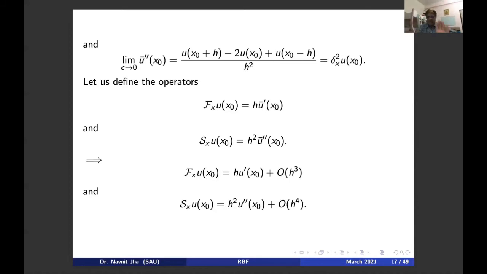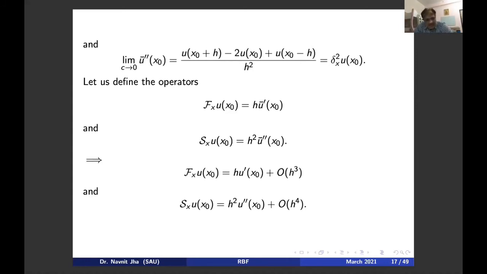So I have two formulas, u bar single prime and u bar double prime. As of now I have the RBF approximation of the first derivative and the RBF approximation of the second derivative. Now I am going to define two operators. Operators are a beautiful tool in mathematical science. I am telling you, it helps a lot in writing such a big thing in a small form.